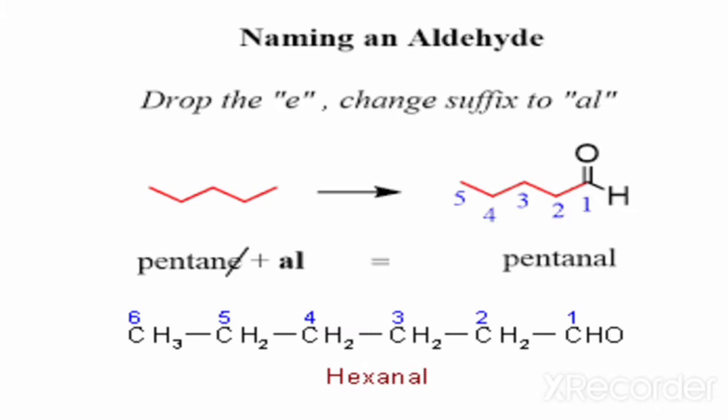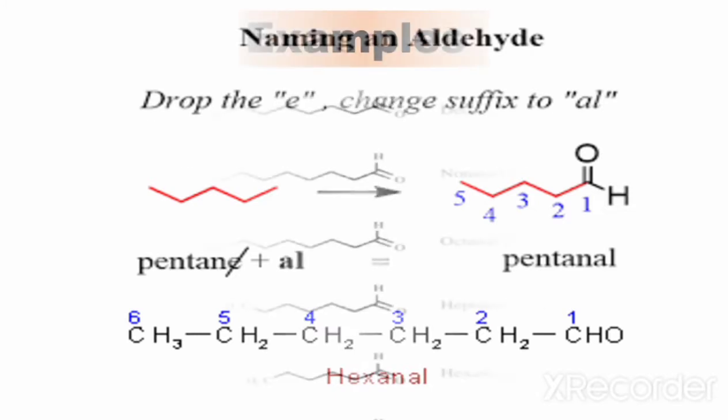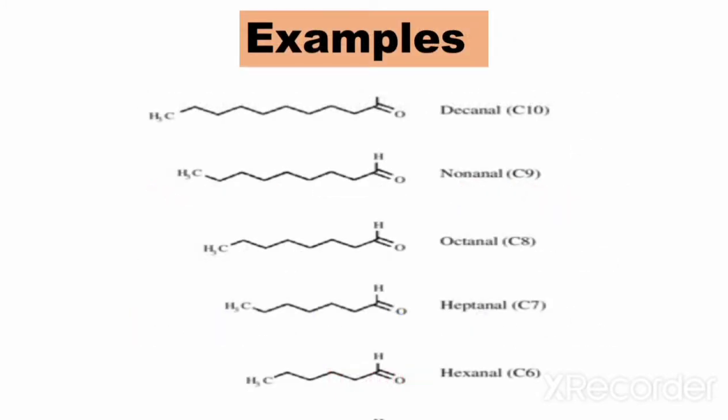And the other example also has 6 carbon atoms in the chain, and the numbering starts with the aldehyde group, and it will be named as hexanal. And in another example there are 10 carbons in the chain, with the aldehyde on its terminal carbon, and it will be named as decanal.